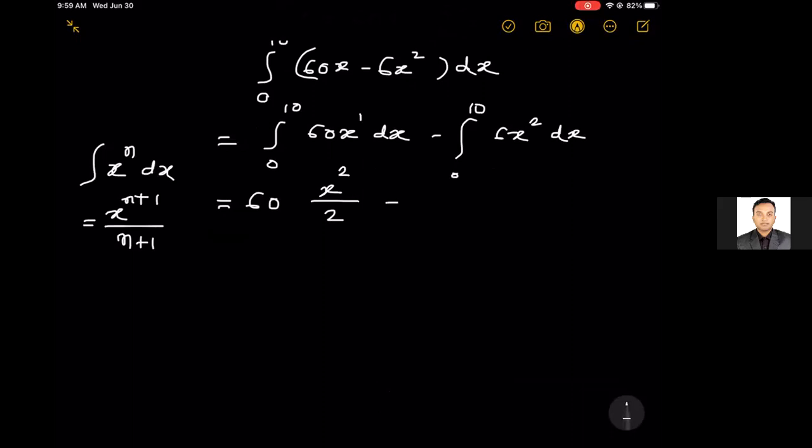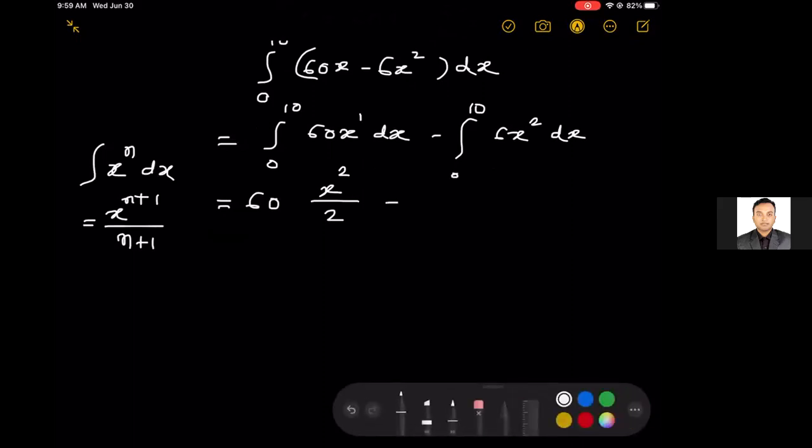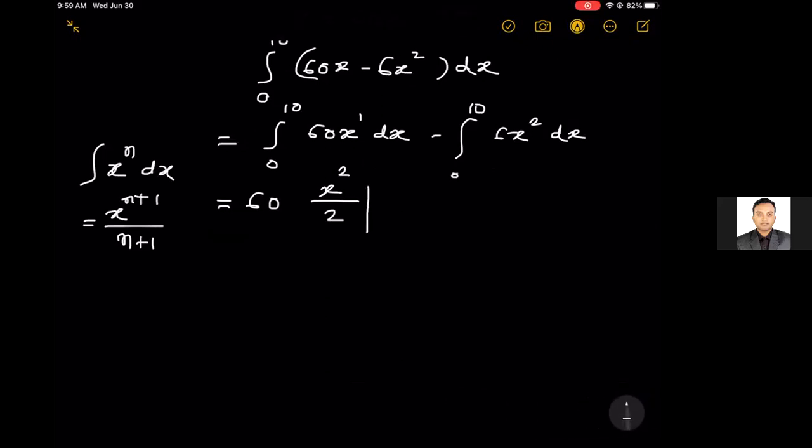Minus, again, oh, sorry, I forgot to write it. You have to evaluate it at the limits, right? At 0 and at 10. Okay, minus, again, we can keep this 60 outside.